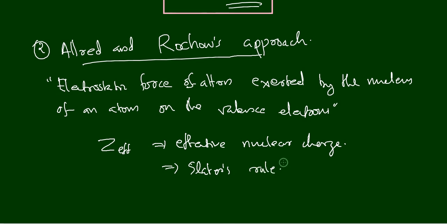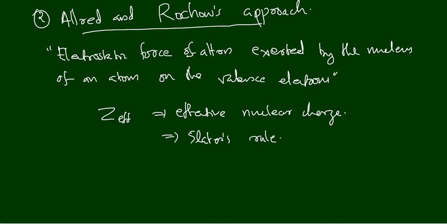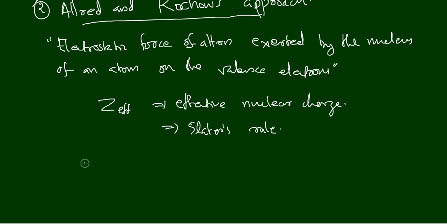Okay, so this Allred and Rochow's approach make use of the effective nuclear charge in order to calculate the electronegativity of an atom. Okay, so there is a direct approach. So now the electronegativity of an atom chi is equal to 0.359 into Z effective divided by R square plus 0.744.